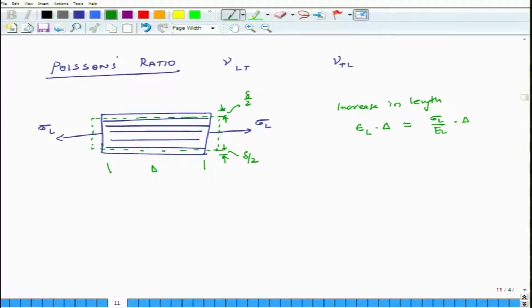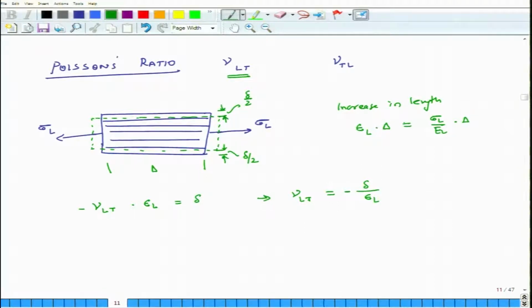And this reduction in thickness is related to nu LT. So, nu LT times epsilon L, negative of that, will give us delta. So, my nu LT is equal to the negative of delta over epsilon L.